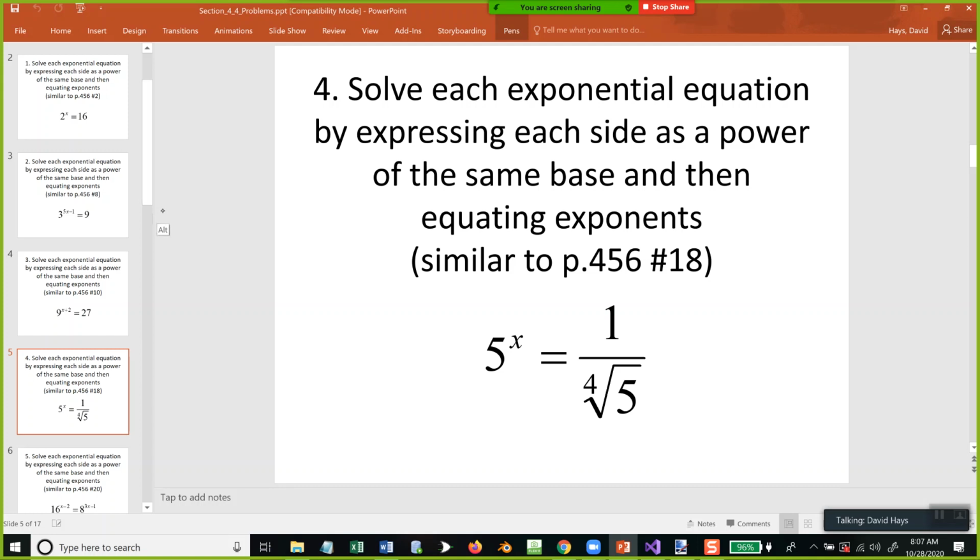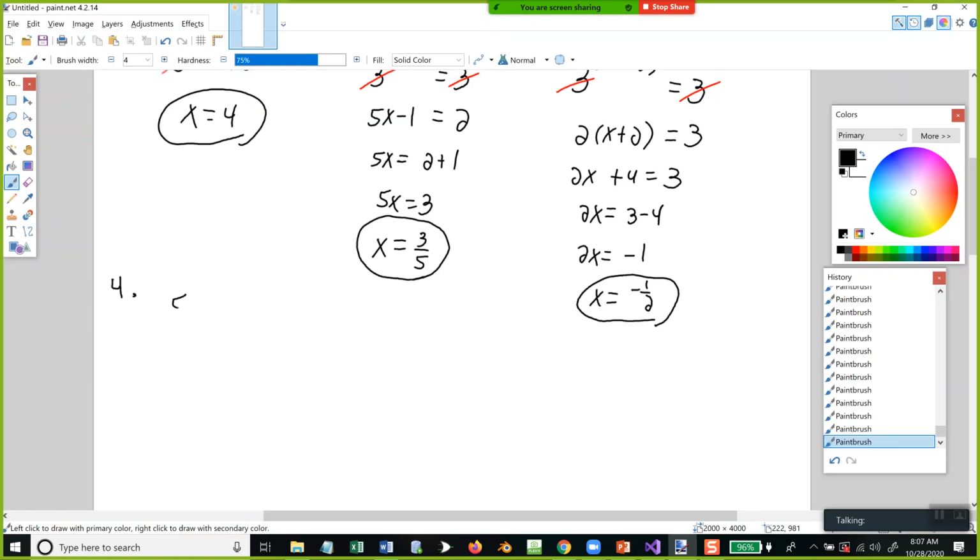Now here, we have 5 to the x power is equal to 1 over the 4th root of 5. We said earlier in this chapter we never want radicals, so we want to rewrite that in fractional power form. That'd be 5 to the 1/4 power.